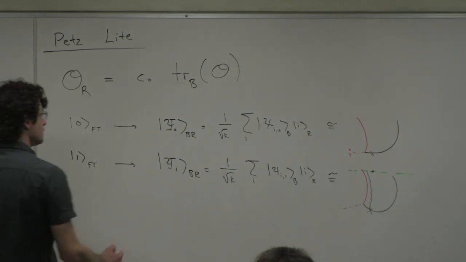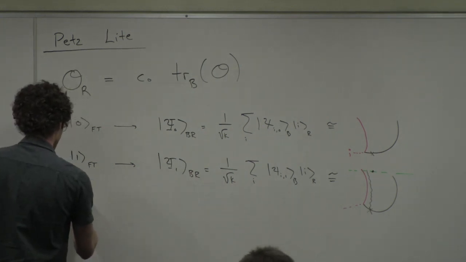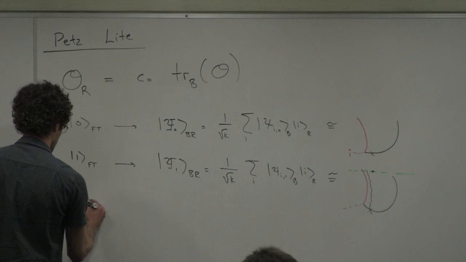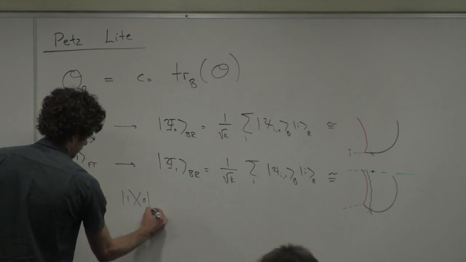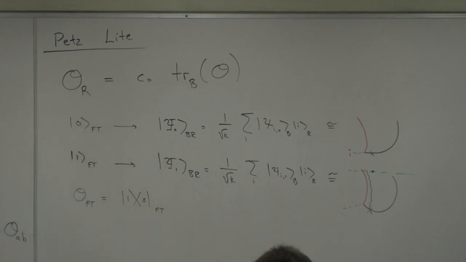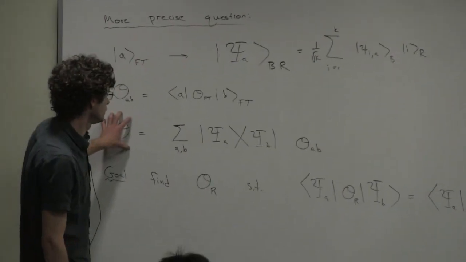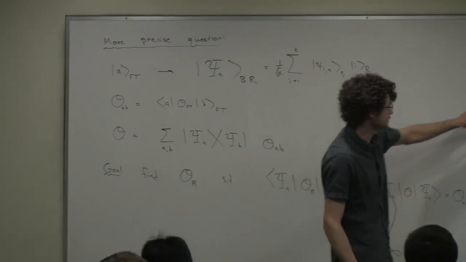Okay, and to make life as simple as possible, what we'd like to do is find an O for the case where O field theory is just |1><0|. So it acts on the state with no particles present and gives you the state with one particle present. So that's our target operator. That's the O field theory that goes here. We could write a formula for the O using these two states here.